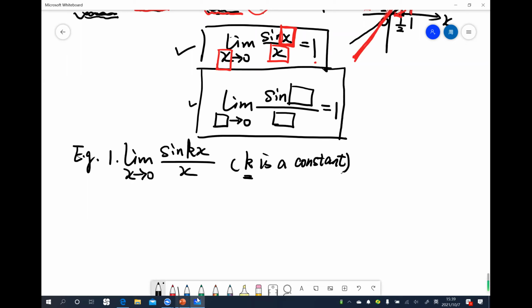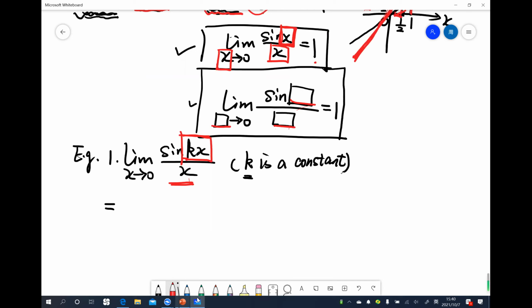And if I want to use the formula, you can see here we have kx. If we want to use this general formula, we want these three parts to be the same. So for the denominator, we also want kx here. Can you understand?